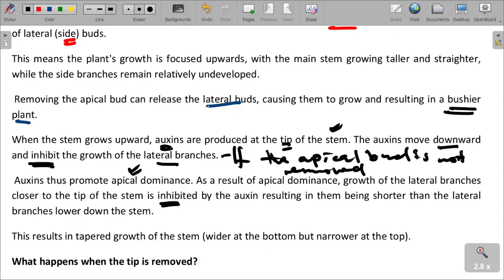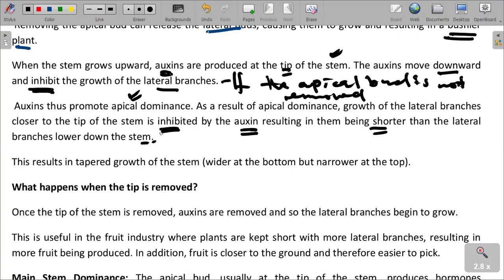So lateral branches close to the tip of the stem are inhibited by auxins, resulting in them being shorter than the lateral branches lower down the stem. This results in tapered growth of the plant, wider at the bottom but narrower at the top, because the auxins are produced and the main stem keeps on growing taller.